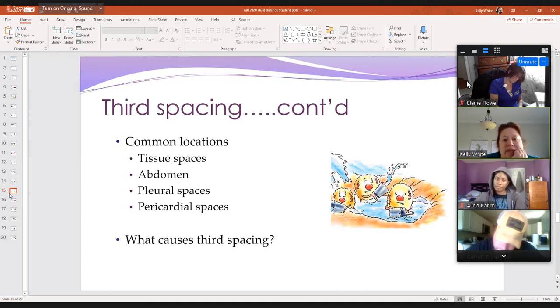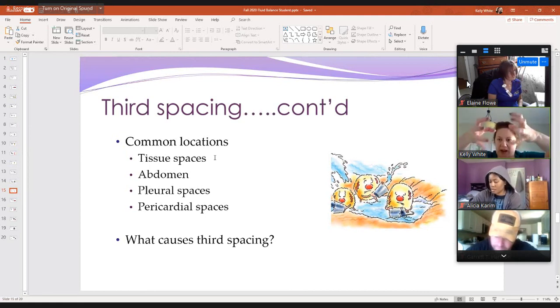So some common places to see that third spacing or that massive excess fluid and swelling are in your tissue spaces. A lot of times it'll be in their arms and in your sacral area. If they're bed bound, all that fluid just kind of pools right at their backside. So their hips and their sacral area will be really swollen with that excess fluid.